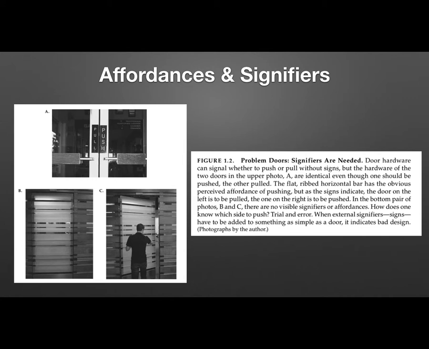And the original claim that Don Norman really pushed was that it's bad design if you have to have these signifiers. And that's certainly true. It's better if you don't have to have the signifiers. But he's backed off on that position, especially since we've gone to things where everything's just on a touch screen and the affordances are limited. So that's the big thing with affordances.